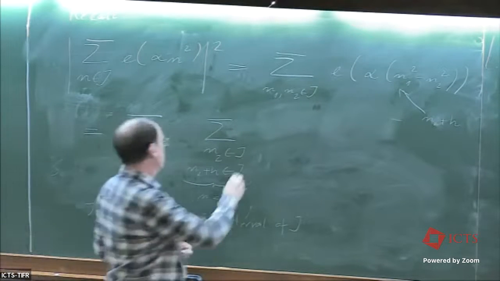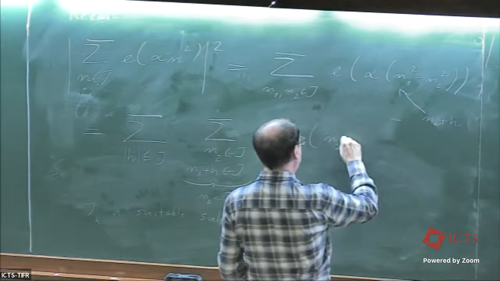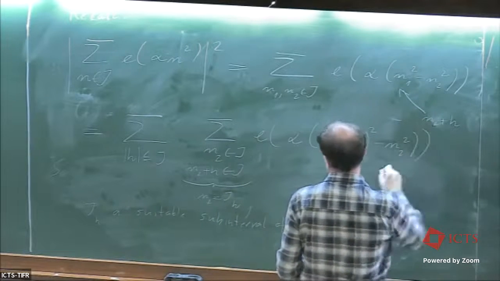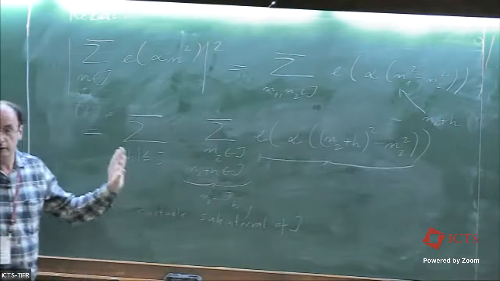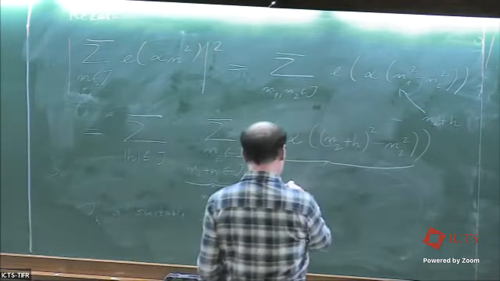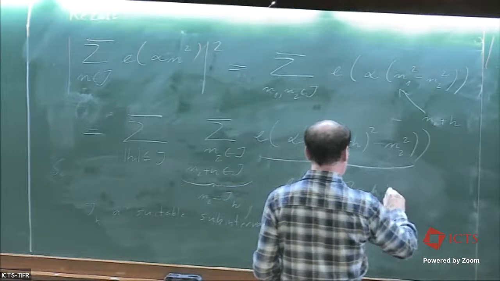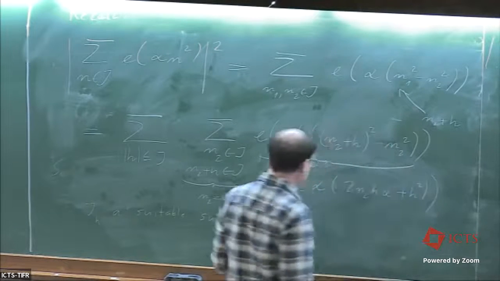All right, so then we get e(alpha((n2 plus h) squared minus n2 squared)). And now the nice thing is that this reduces to a linear polynomial in n2. So we get e(alpha(2 n2 h plus h squared)).